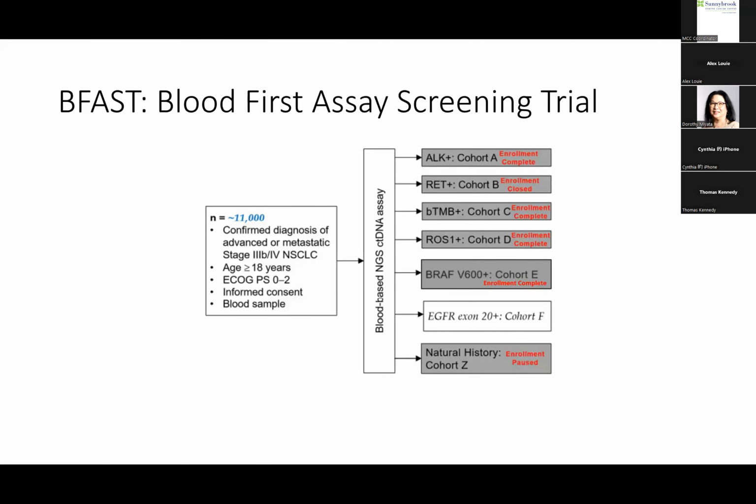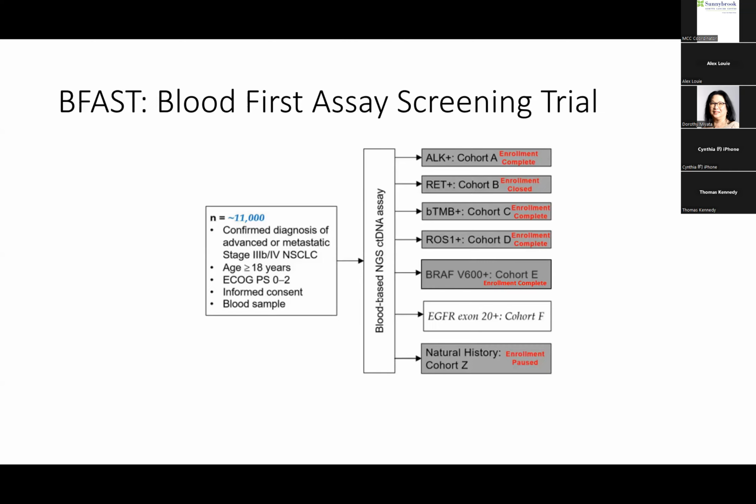The BFAST, Blood First Assay Screening Trial, is a multi-institution, large randomized trial where patients with advanced or metastatic non-small cell lung cancer are able to get funded ctDNA testing. The majority of the arms on this trial have already completed enrollment.